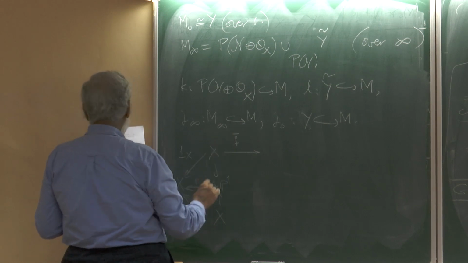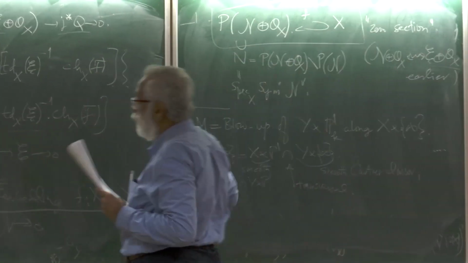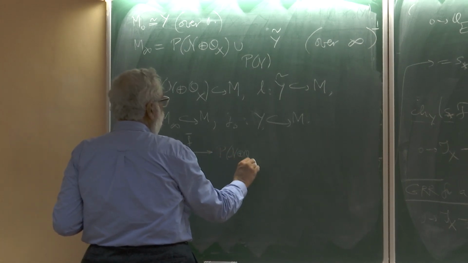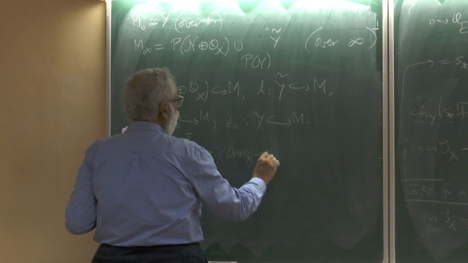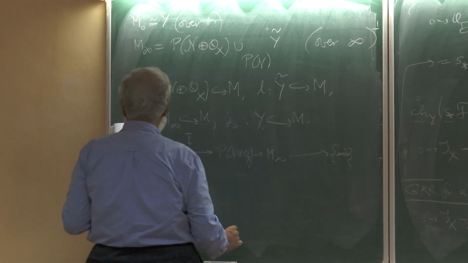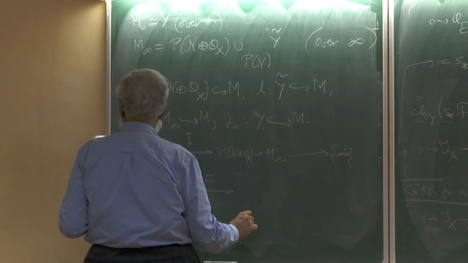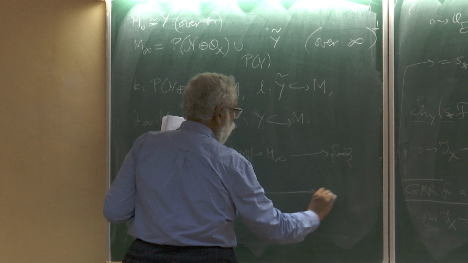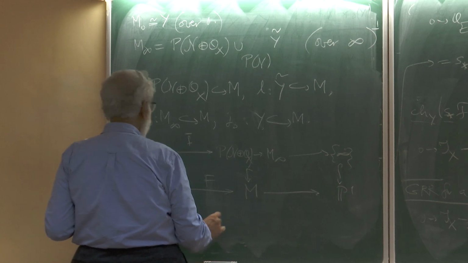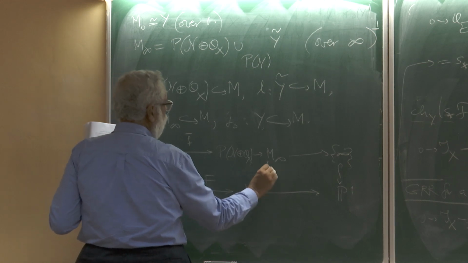Let me call it little left bar. Oh yeah, that was this little left bar here. This was J infinity.